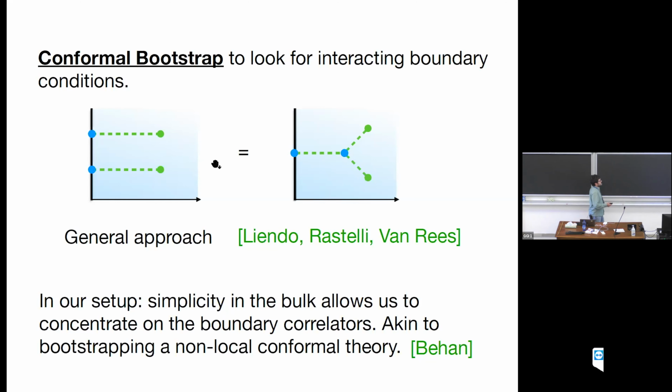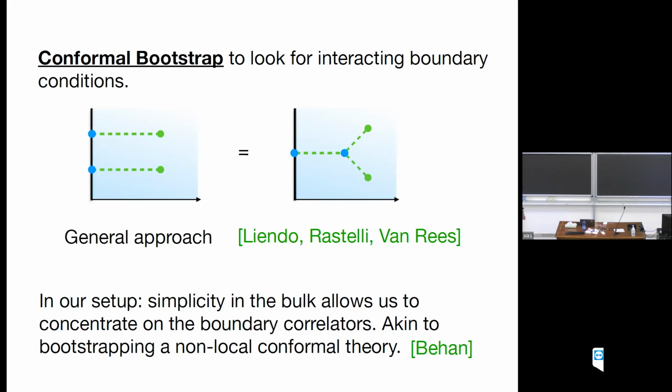This is a strategy that always works to try to constrain boundary conformal field theories. It encounters a difficulty, which is that unlike the usual conformal bootstrap, which you might be familiar with, in this case, on this side, one lacks positivity. So the usual techniques cannot really be used.